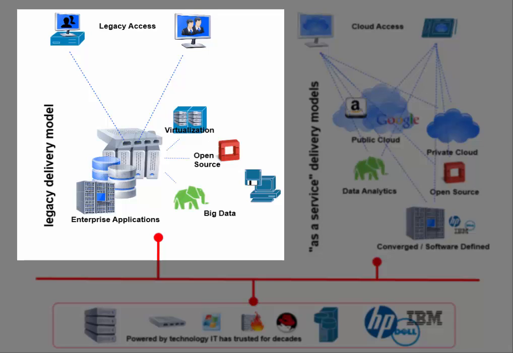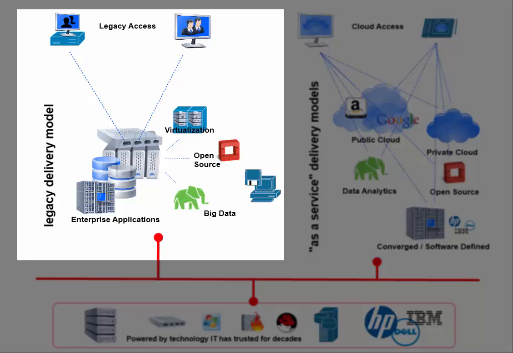When we access the legacy delivery model, we accessed it typically through a restricted access to a specific network or maybe multiple networks, but we knew exactly where we were going because all of our resources, as illustrated here, are enterprise applications, perhaps our big data or data analysis, our software applications, other types of enterprise level applications, open source, OpenStack, our virtualization, all of it spawned from our data center.